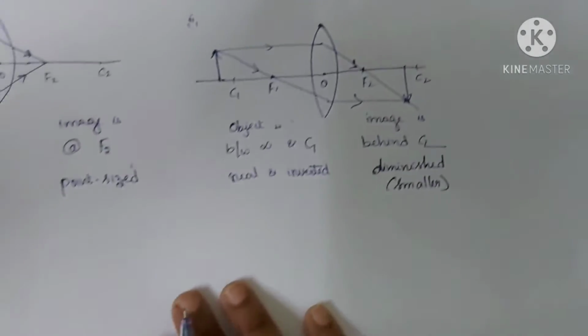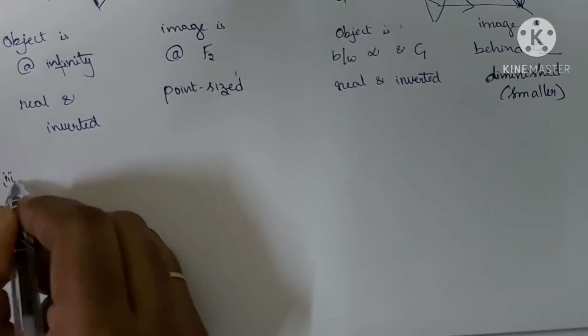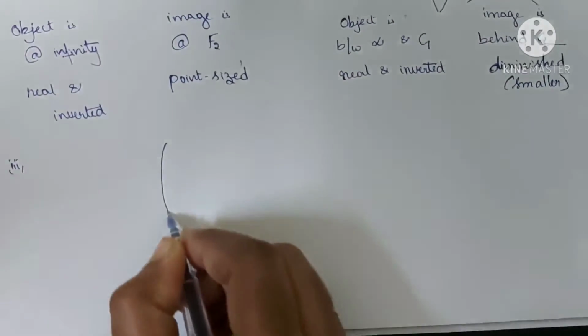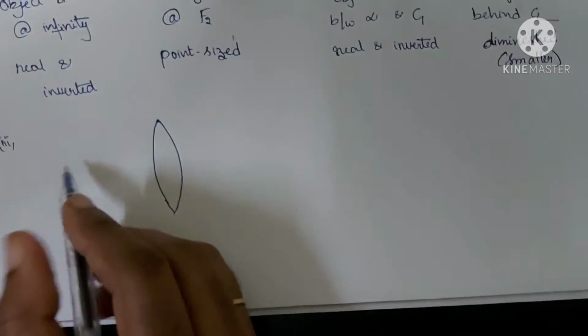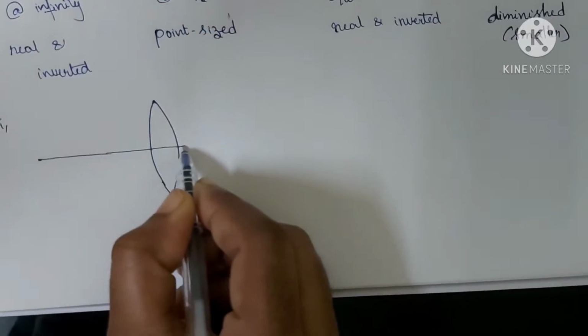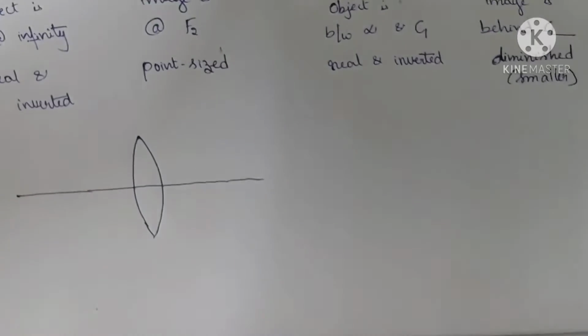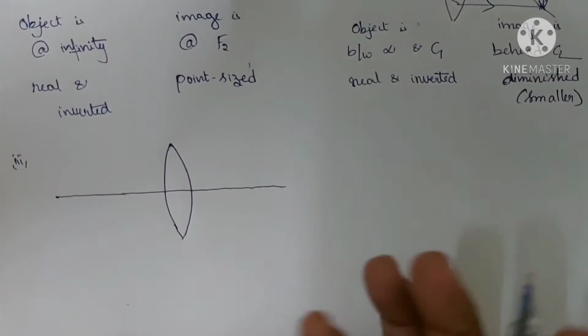Now we'll see case 3. A simple way to remember the formation of images: if you know how the image forms in spherical mirrors, then you can relate the formation of images in lenses also. Both are the same.